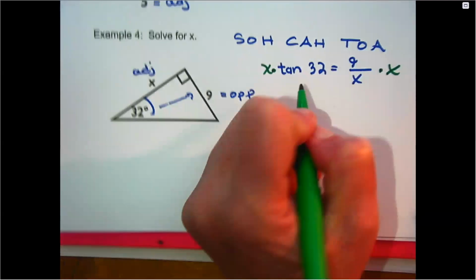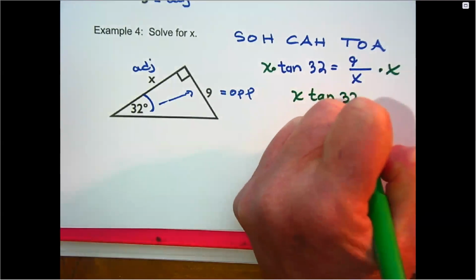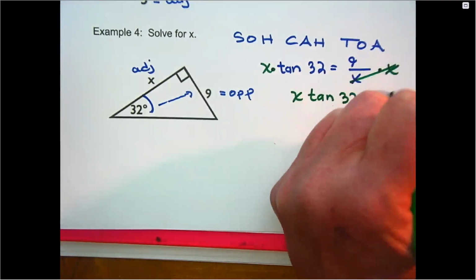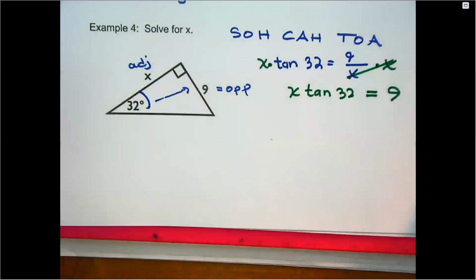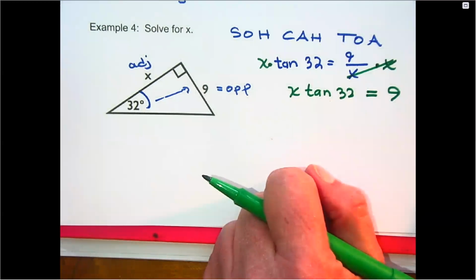If I do that, I now have x times the tangent of 32 equals 9, don't I? I got it out of the denominator, but it didn't isolate it. What do I still need to do to get rid of x? Well, x is multiplied by the tangent of 32.